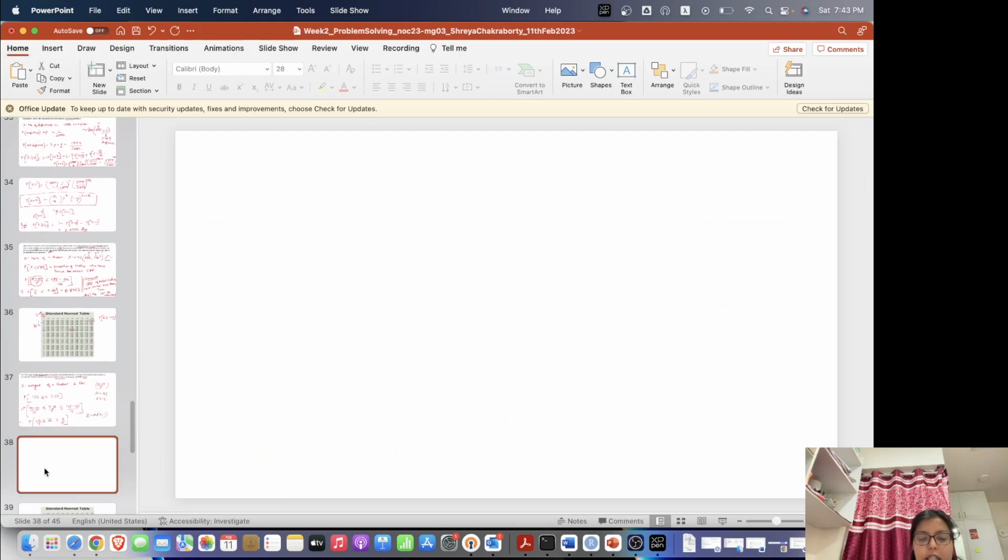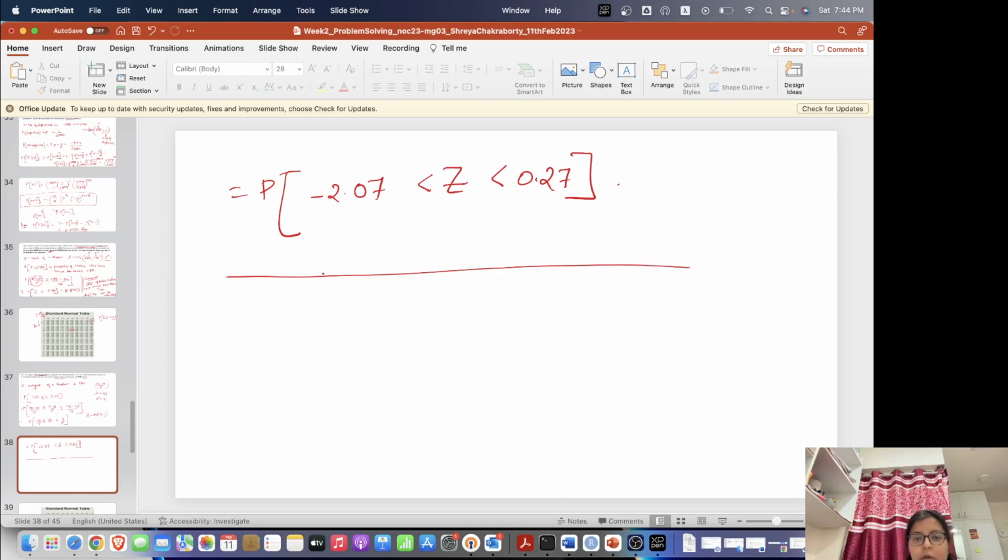If we calculate, we'll get the probability minus 2.07 less than z less than 0.27. This can be written as, so we want to find this area, let's say.